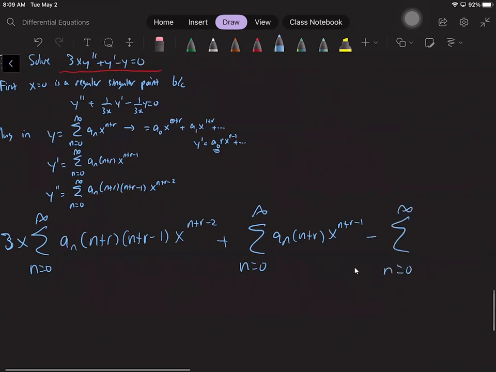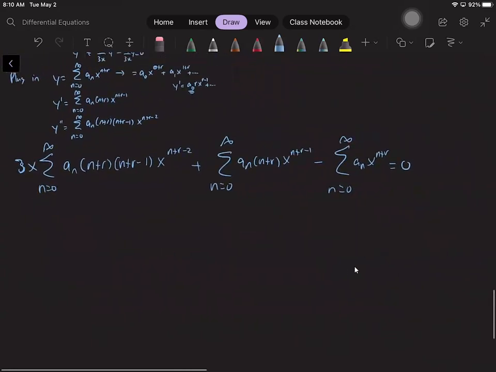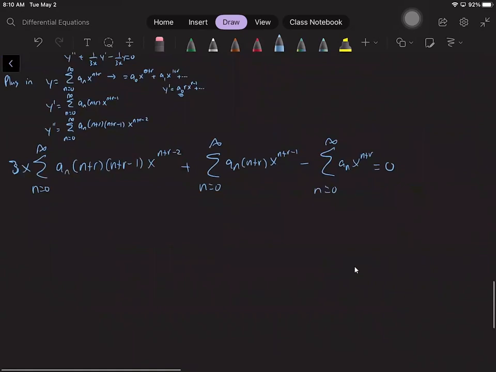You can try to skip ahead if you want, but I don't know, it's easy to make a mistake. Okay, so what we're going to do here is bring in the 3x in the first term, and I'm going to do it in a very specific way just to make things easier. You can do it differently, but I'm going to do it like this. I'm going to bring the 3 in and multiply it into the second factor here.